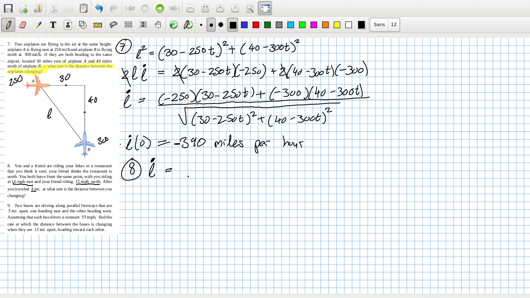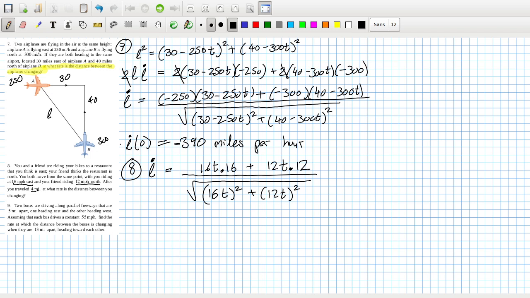L dot equals root (16t) squared plus (12t) squared, and the derivative would be 16t times 16 plus 12t times 12.